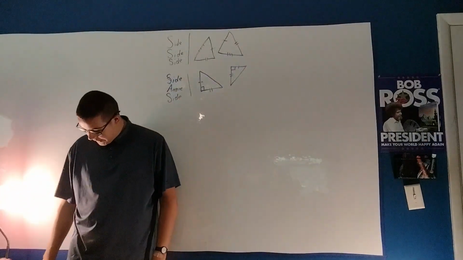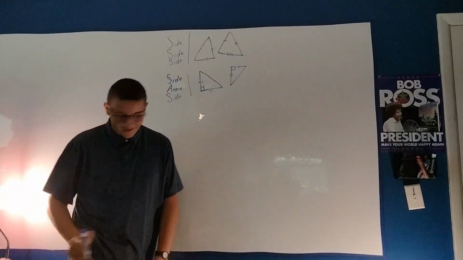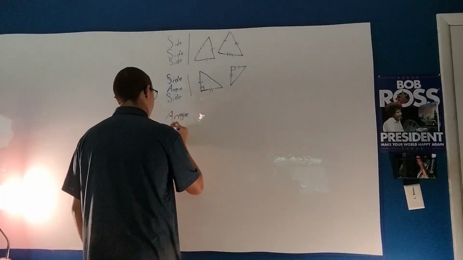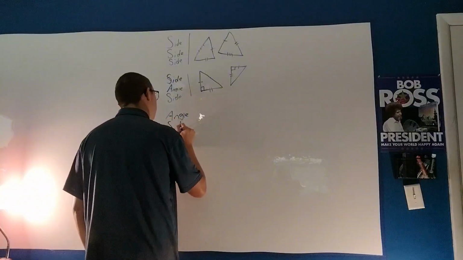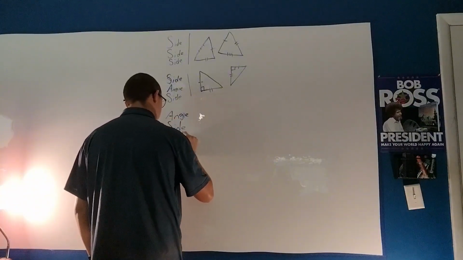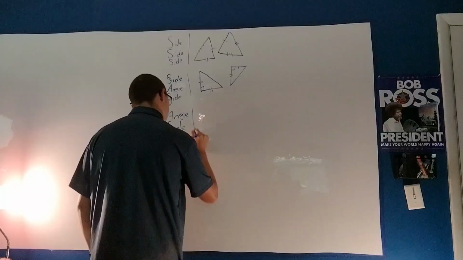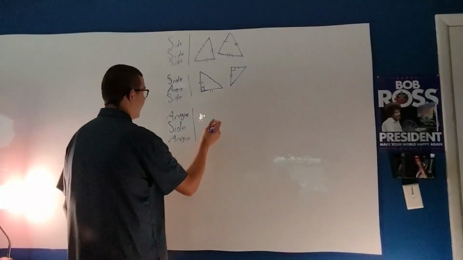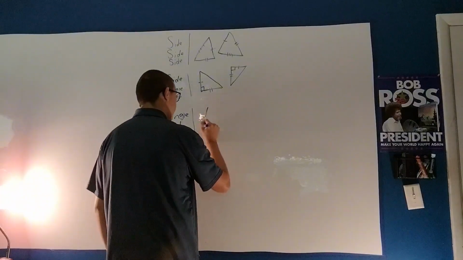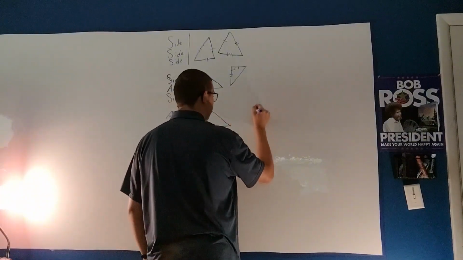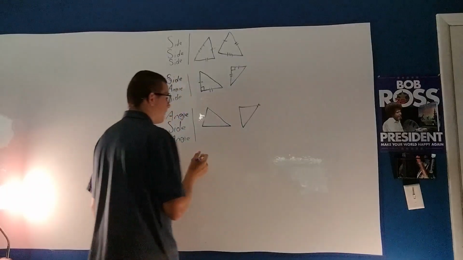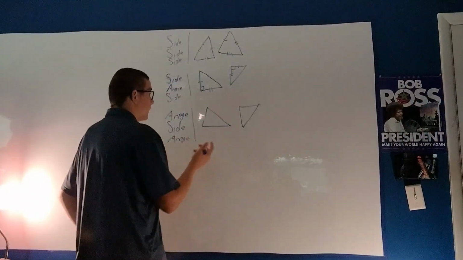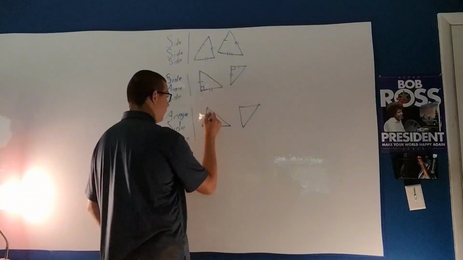All right, next is going to be angle, side, angle. And for angle, side, angle, it's just like side, angle, side, but you have to have an angle here that you know.